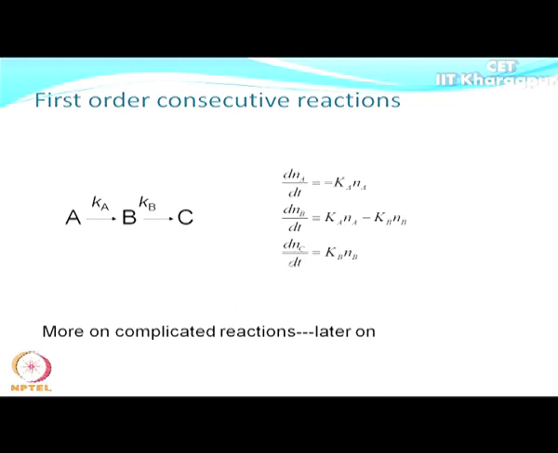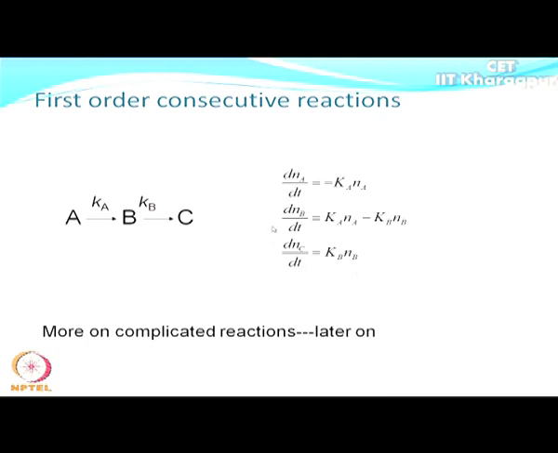Okay. So, complications may come into action if we keep on adding more steps. This was the simplest situation we started with, then we added another component, that B will be converted to C. So, you see that your description becomes more complicated.